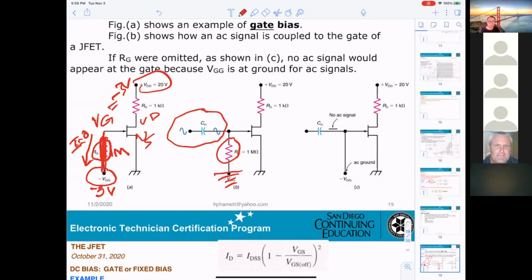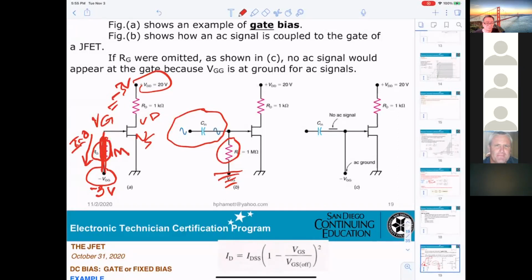Are both circuits fixed bias? So the left-hand side circuit with the JFET and the right side JFET with the sine wave are both fixed bias.